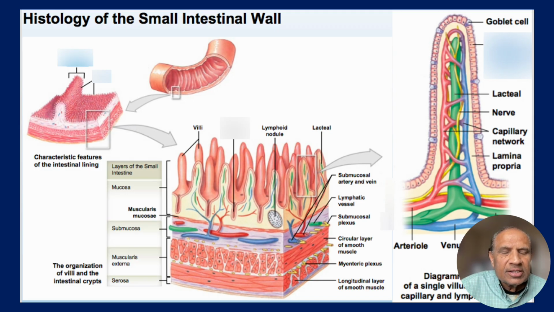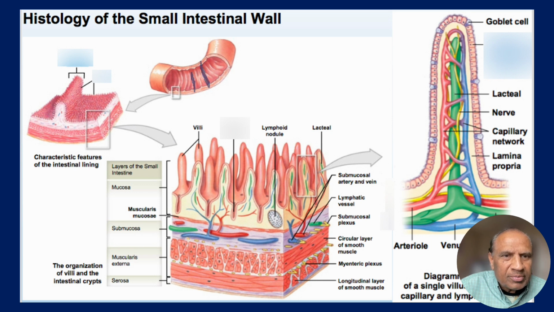To understand the intestinal barrier function, we have to understand the anatomy or histology of the small intestine. If we look at the small intestine, it's not made just like a pipe, but there are multiple folds in the wall of the intestine.